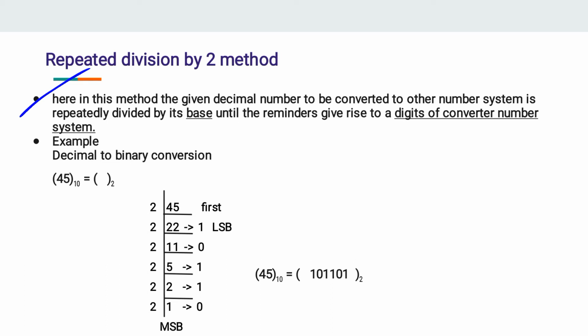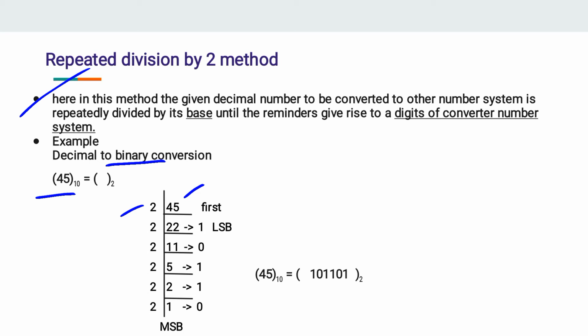So let's start with an example, decimal to binary conversion. The first one is decimal to binary conversion. So this is the decimal number 45. 45 is taken first and divided by 2. Why? We are converting decimal to binary. So you have to divide 45 by 2.